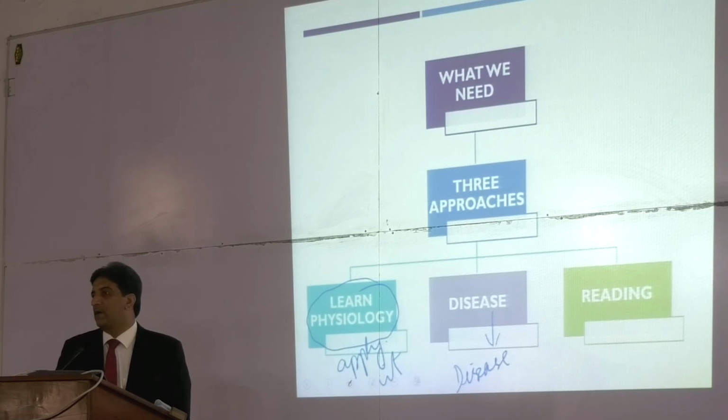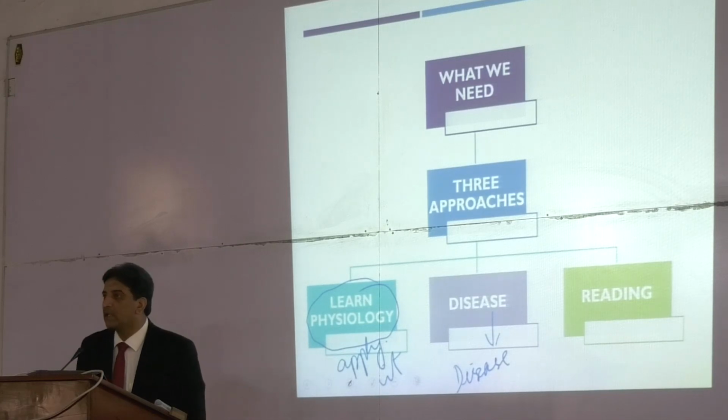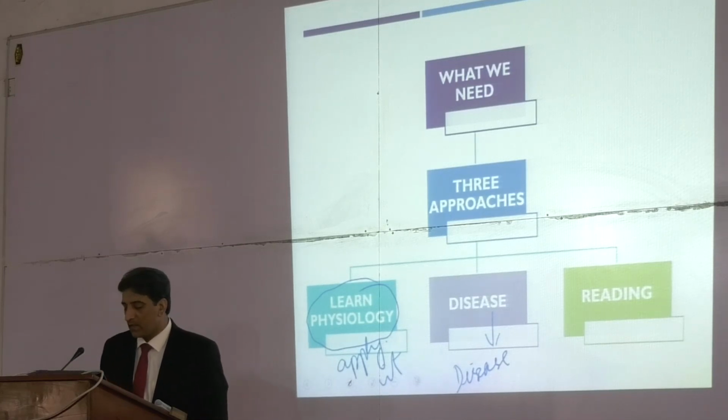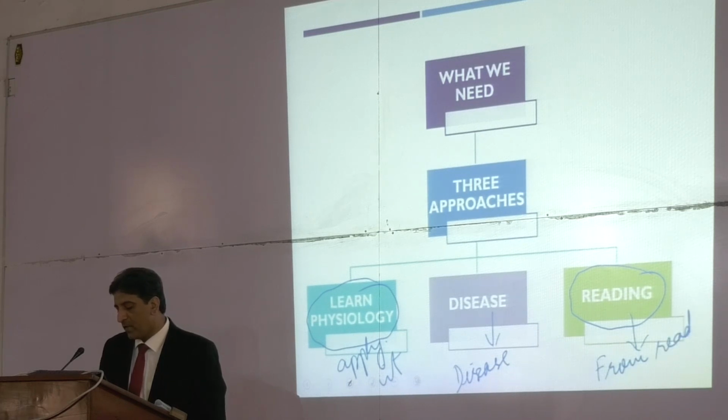What is needed to reach some diagnostic point? Some diagnostic point means that what problem is present. Then, after studying the first two things, from where to read, from where to learn further.